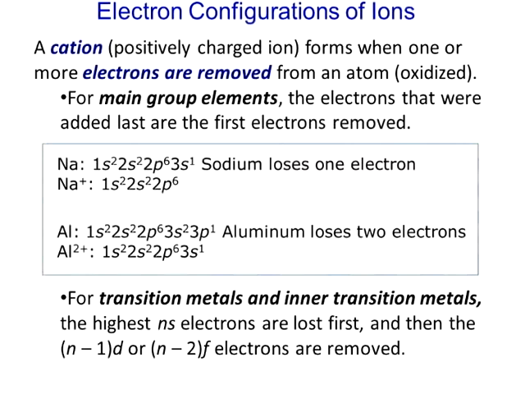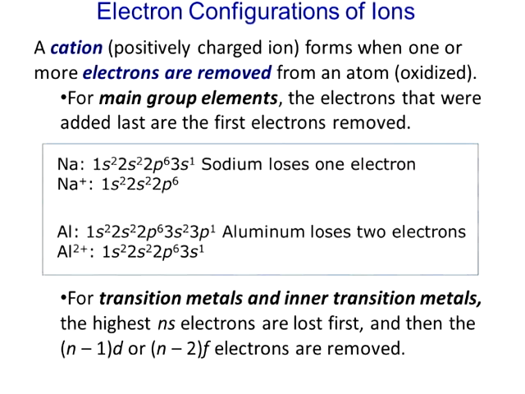So, you would write out the normal electron configuration for sodium, for example, and then if it's oxidized by one electron, or it loses one electron, you simply remove that one electron from the highest orbital. In the case of sodium, that would be the 3s1, which would go to 0, which means you don't write that for sodium plus.